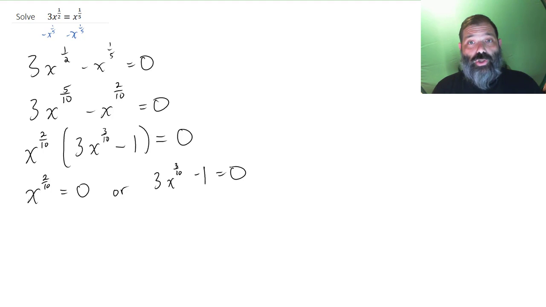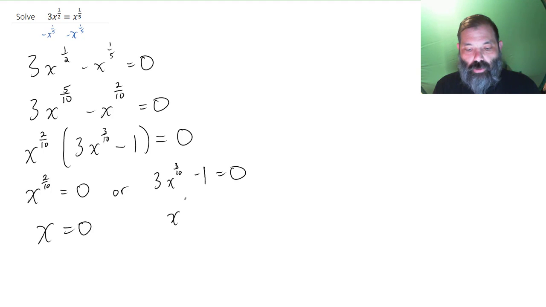Now, for the first equation, if x to any power is 0, x must be 0. So x is 0. For the second equation, if 3x to the 3/10 minus 1 is 0, let's isolate the power. Let's isolate x to the 3/10. I'll add 1 and divide by 3.